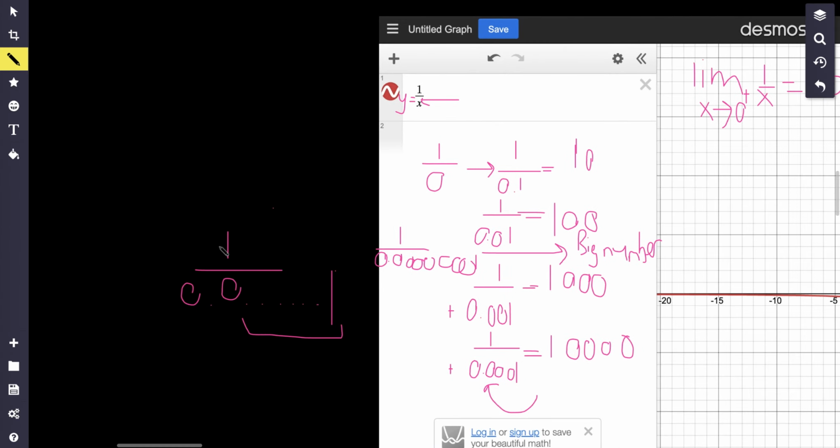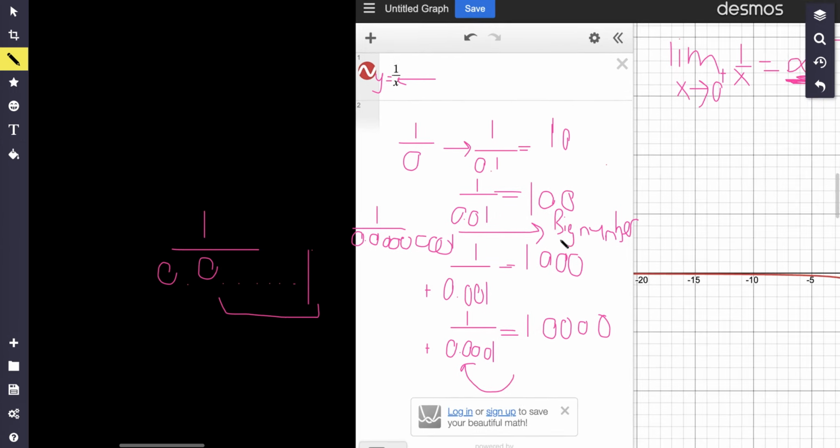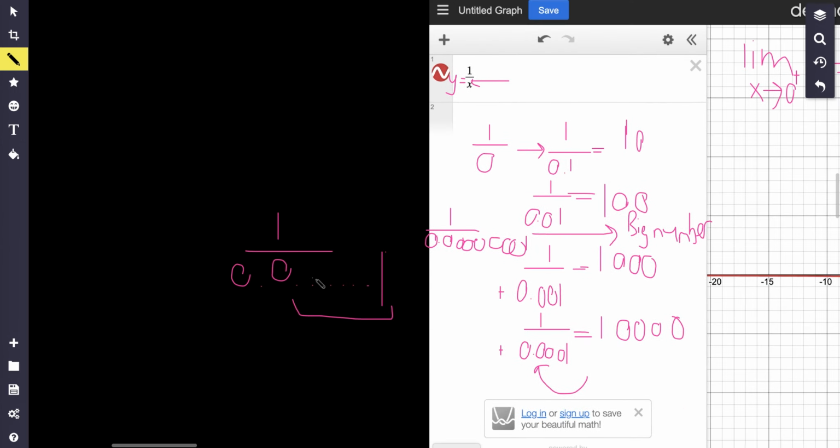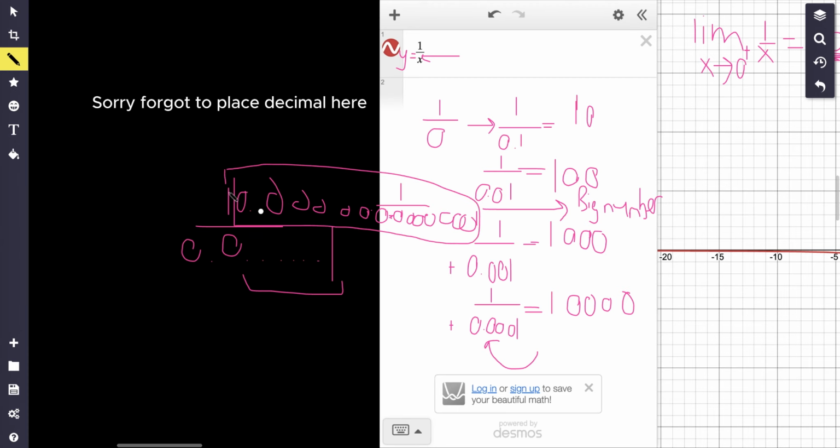And the reason why this approaches infinity is because, if you have, let's say, 0.00001, we can always add more zeros, and I would just get an even bigger number.